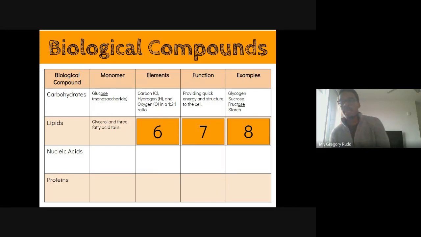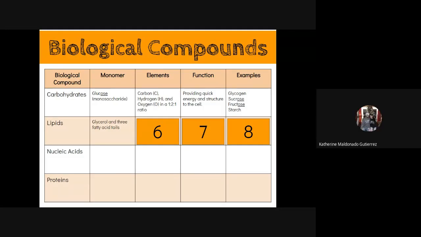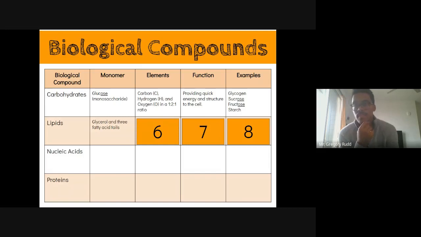What elements make up lipids? This should be a quick answer. What elements make up lipids? Carbon, hydrogen. Excellent. Thank you. I see, Brian, you took yourself off of mute too, so I'm going to assume you had that answer. But yes, those are the 3 elements: carbon, hydrogen, and oxygen.